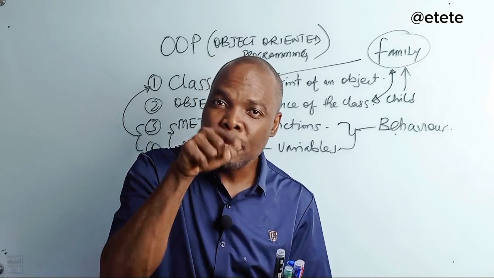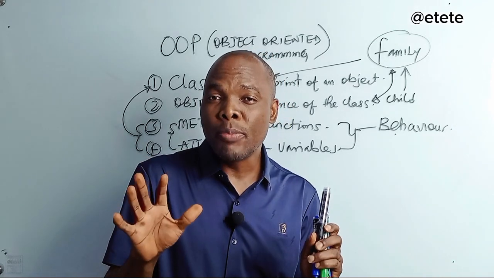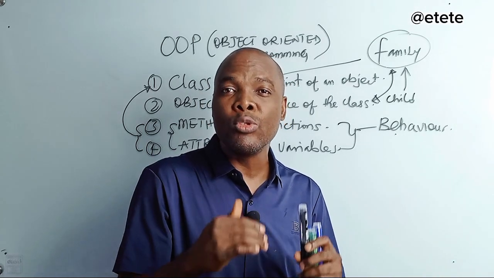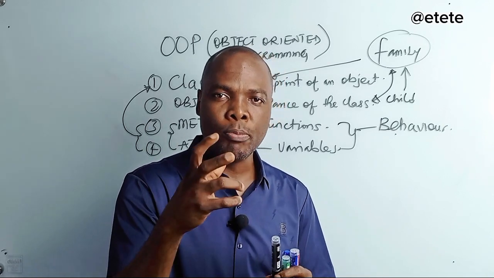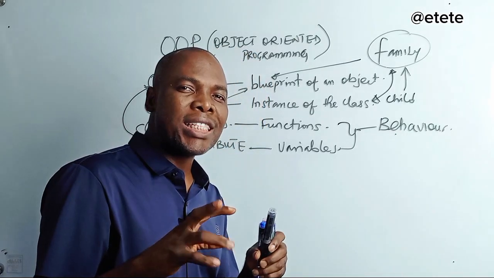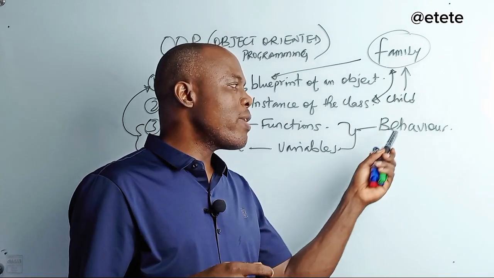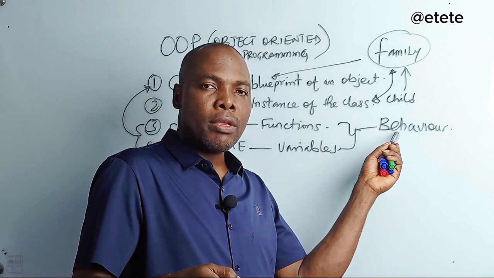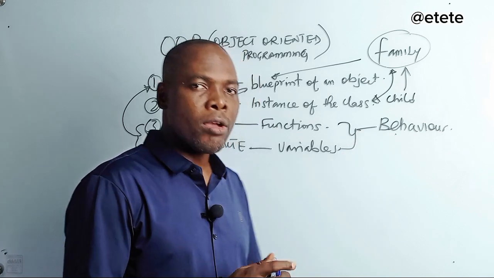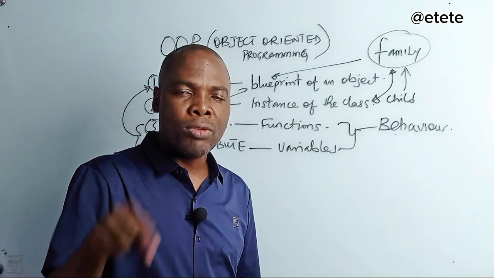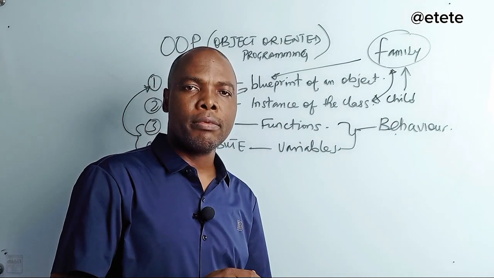Because that behavior, as long as you are part of that family, is also in you. Your only saving grace is that you've not come into contact with whatever is going to trigger that behavior in you. So you have to play the role of an intercessor. We will come to understand how you can alter the behavior within the family, such that even when you call the behavior, the implementation will have a different outcome. We will come to that as we go on. But have it at the back of your mind that every child born into a family is simply going to implement the behaviors that are in that family.